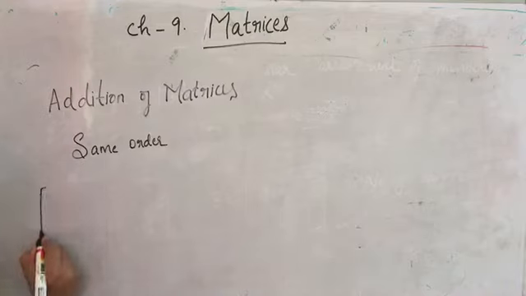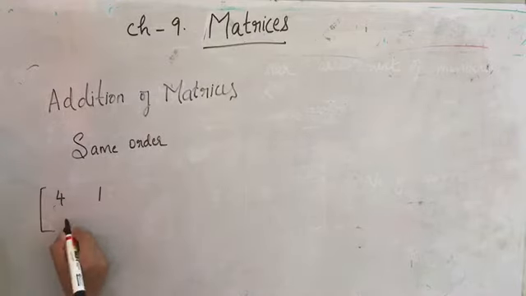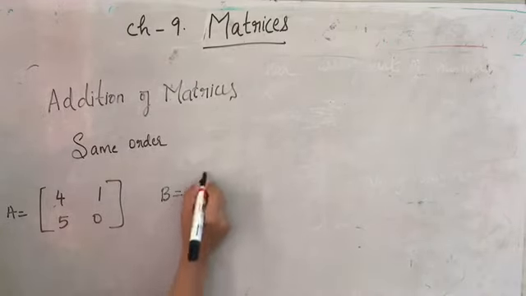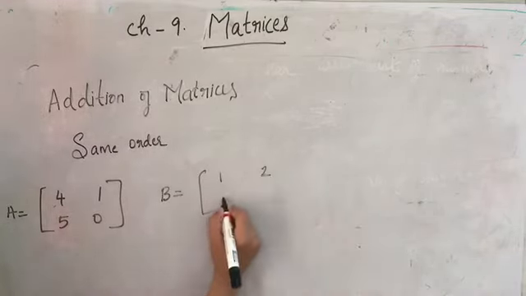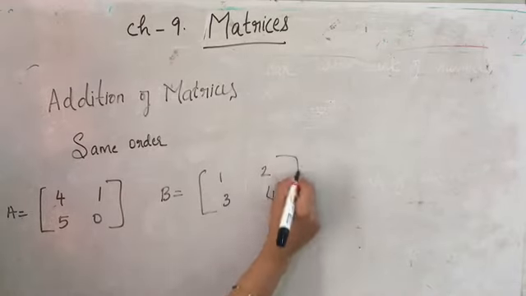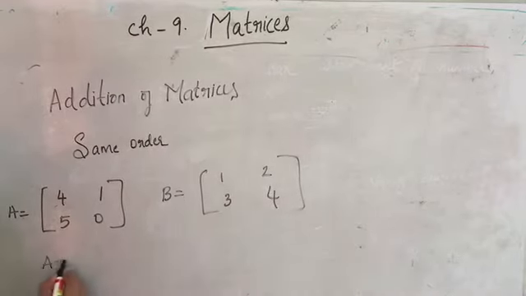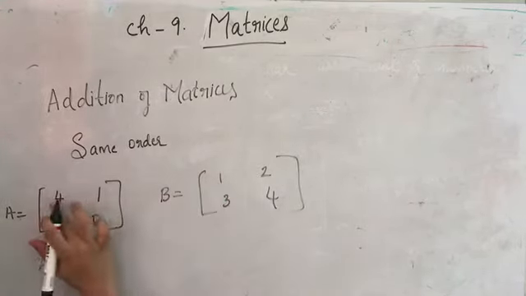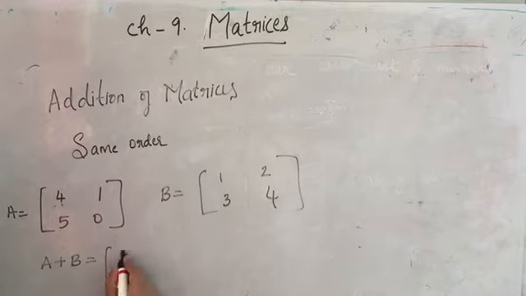So for example, matrix A equals 4, 5, 1, 0 and matrix B equals 1, 2, 3, 4. So how do we add them? A plus B equals: first term here is 4, here it is 1, so 4 plus 1 is 5.